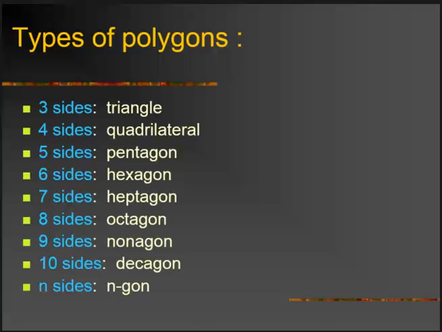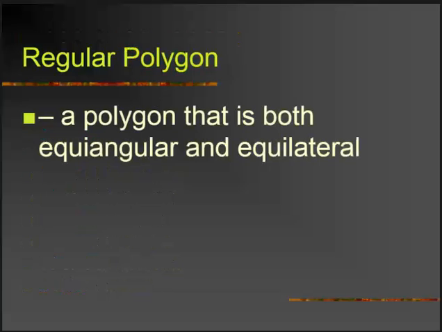Okay. Another way to classify polygons is to call them regular or not. If it is regular, then the polygon is both equiangular and equilateral. Well, what do those words mean? You have to know what those words mean in order for this definition to make any sense. Equi means equal.